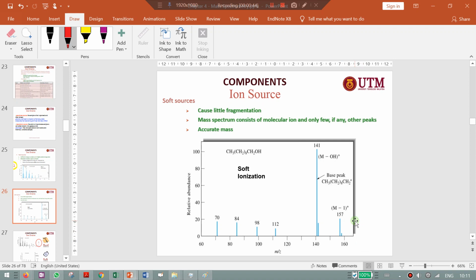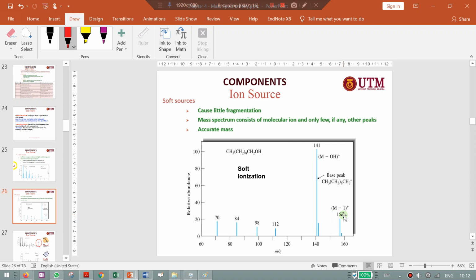But the weakness of the soft sources is that, because of the little fragmentation, we obtain less information regarding our functional group. We need to agree that the molecular mass, for example 158, does not belong only to that particular compound.